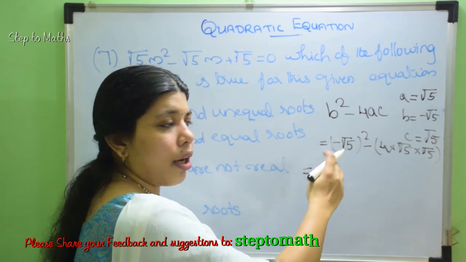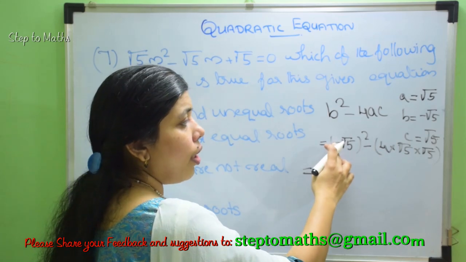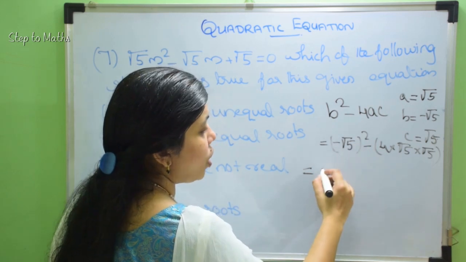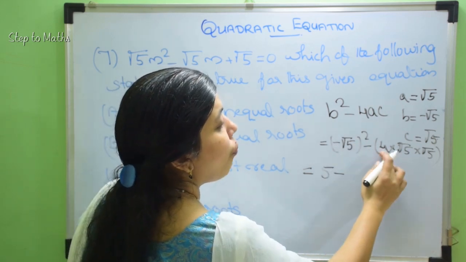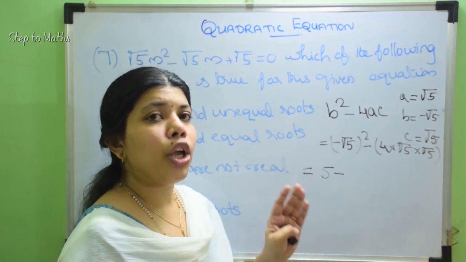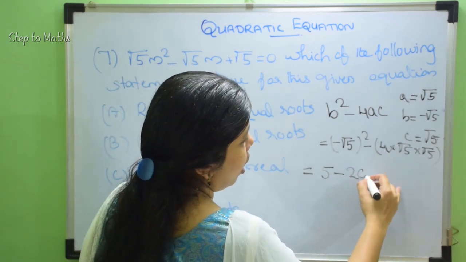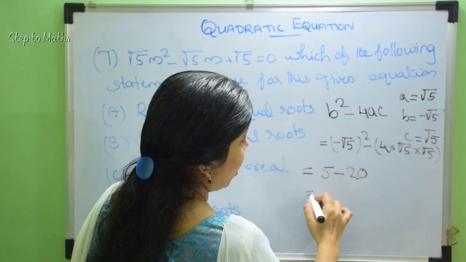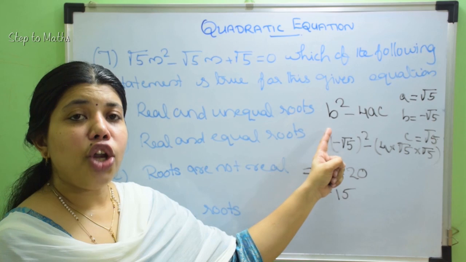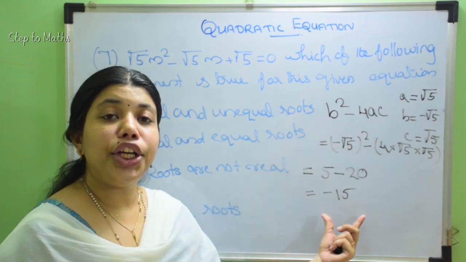Minus root 5 square is 5, since the minus becomes positive. So 5 minus 4 into root 5 into root 5. Root 5 into root 5 is 5. 4 into 5 is 20. 5 minus 20 equal to minus 15. Here the value of the discriminant, that is b square minus 4ac, is a negative value.